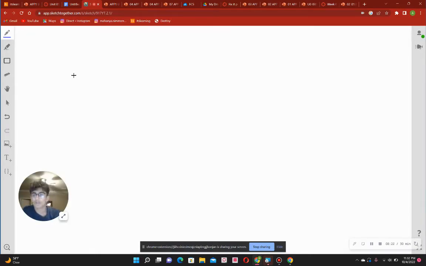We're going to start by drawing our segmented motion graph. Don't mind my neatness on this. We can start off by saying that the position at 1 is 0.